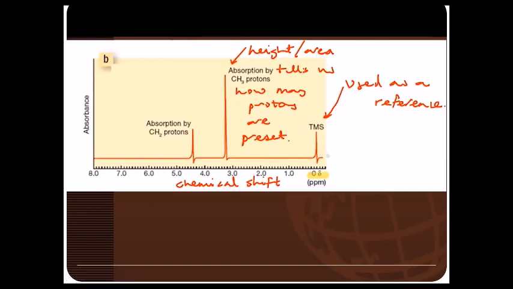For our target samples, the readings will be all to the left of where TMS is on the diagram. The NMR diagram is displayed as a series of peaks. For a standard, you don't really have the jagged peaks in between. It's just one mountain at a time, rather than multiple mountains.